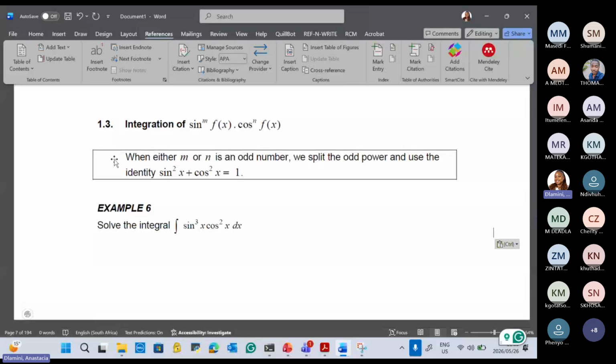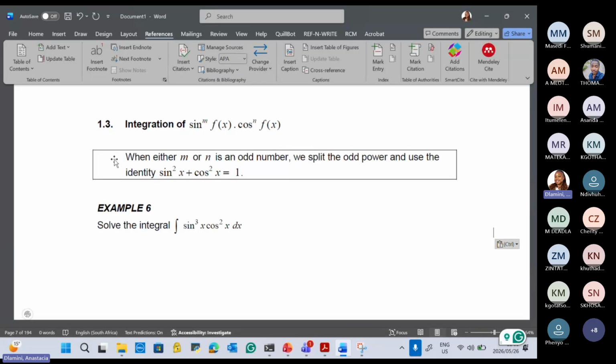So let's look at when either m or n is an odd number. We split the odd power and use the identity sine squared x plus cos squared x equals 1.